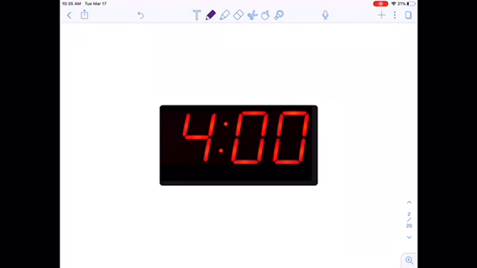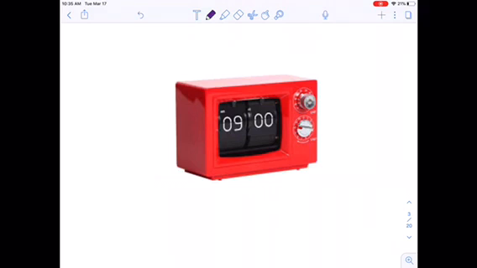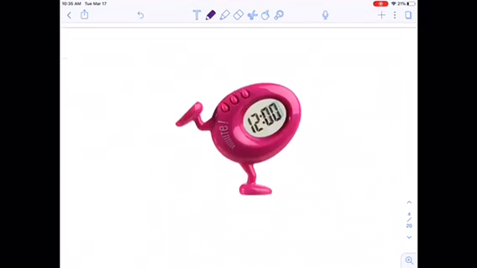Let's look at another one. Look, there are 2 zeros again for the minutes. What do we say when we see 2 zeros for the minutes? O'clock, right. So for this time, I could say 9 o'clock. This clock says 9 o'clock. Let's try another one.